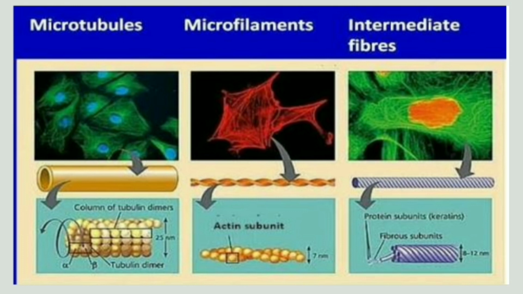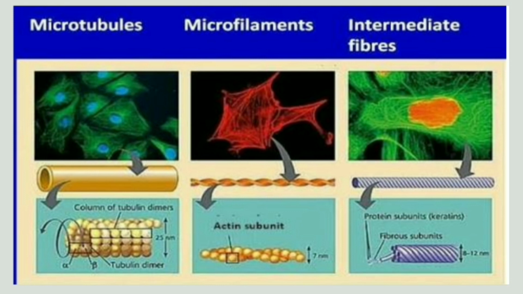These are the three fibers that we have discussed: microtubules, microfilaments, and intermediate filaments. Microtubules are made up of tubulin, and these tubulins occur as heterodimers. These microtubules are tube-like. Next is microfilaments. Microfilaments are made up of two intertwined strands of actin subunits.